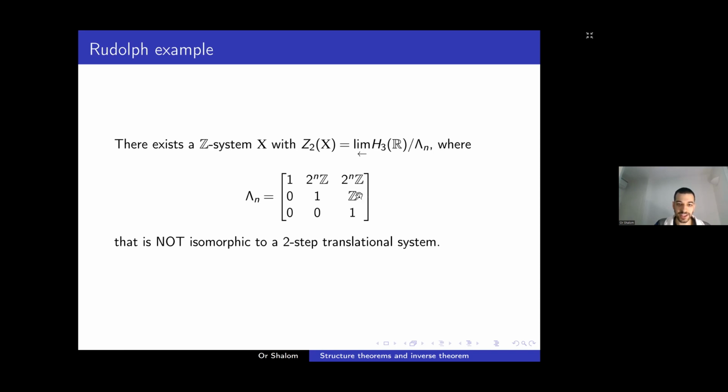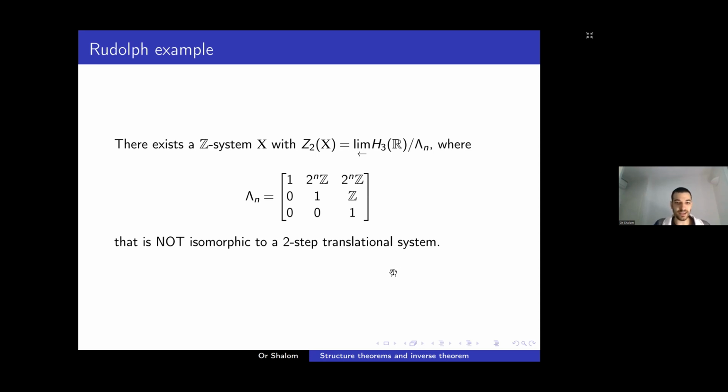If you quotient by these groups, always multiplying by 2 only 2 out of the 3 coordinates, then you get an example of a system which is an inverse limit of nil systems. It can be approximated by nice systems, but on its own it is not a two-step translational system. So it doesn't have an obvious nilpotent structure on its own. It can only be approximated by systems which have nilpotent structure.